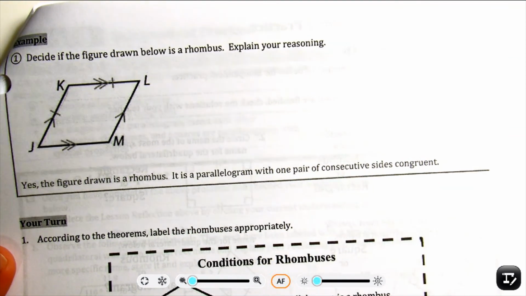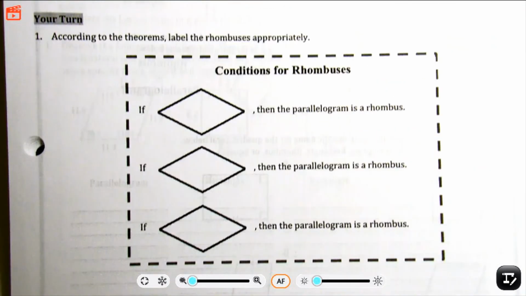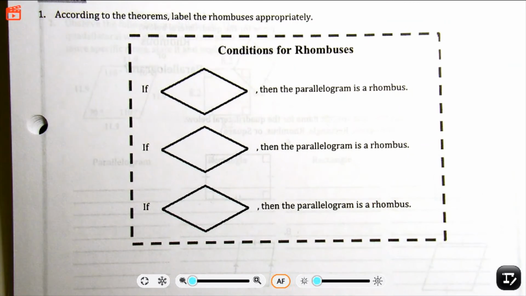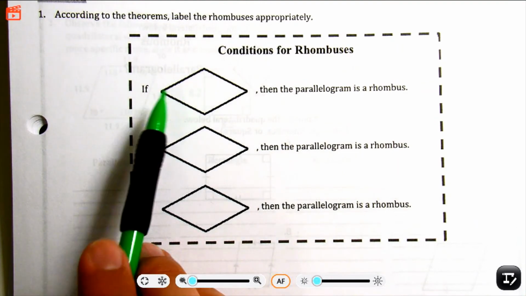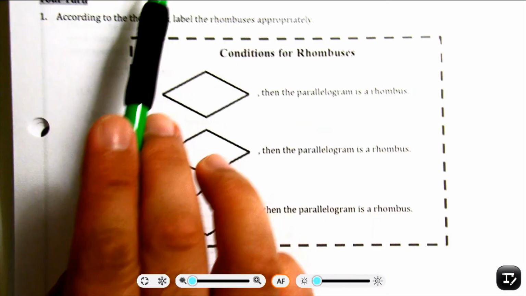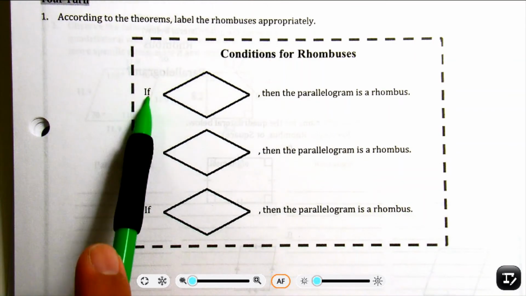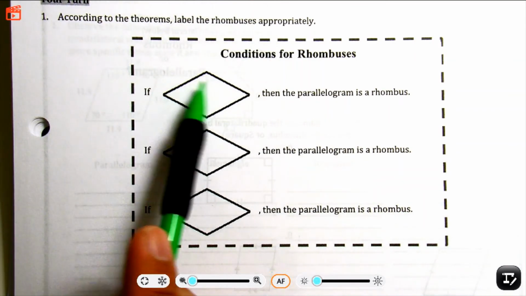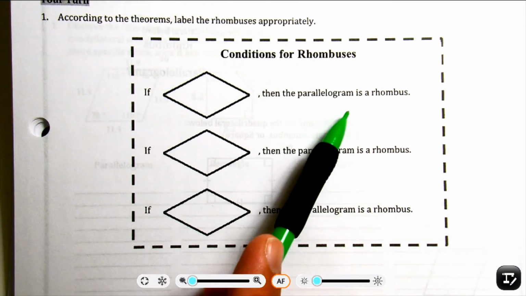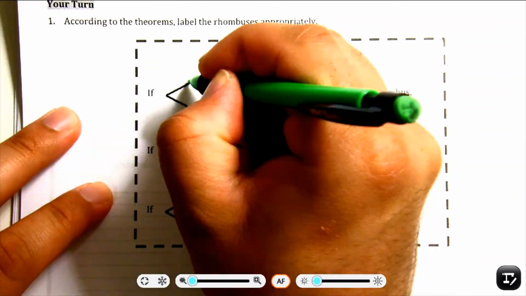To wrap up rhombuses, let's go over the conditions for rhombuses. What was the first condition, which we just talked about in this example? If consecutive sides are congruent, then the parallelogram is a rhombus. So if this side and this side are congruent, we have a rhombus.